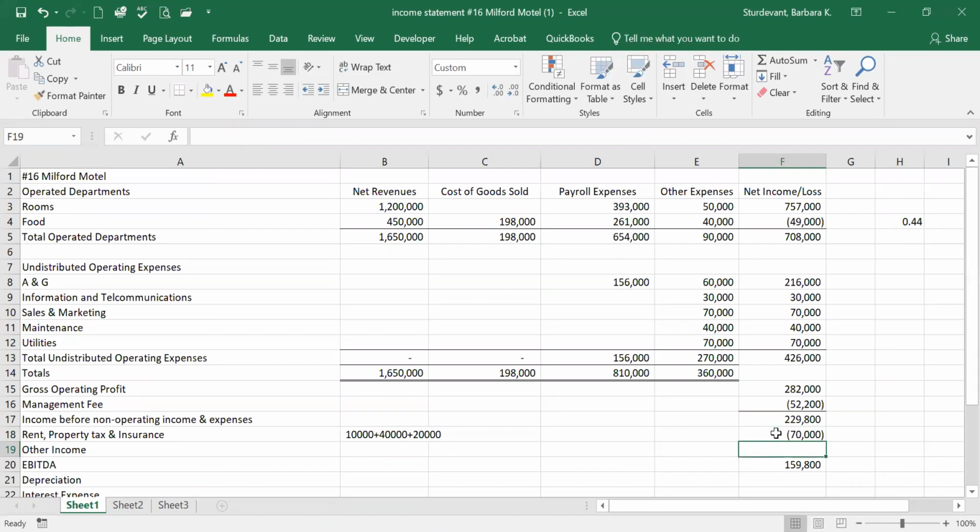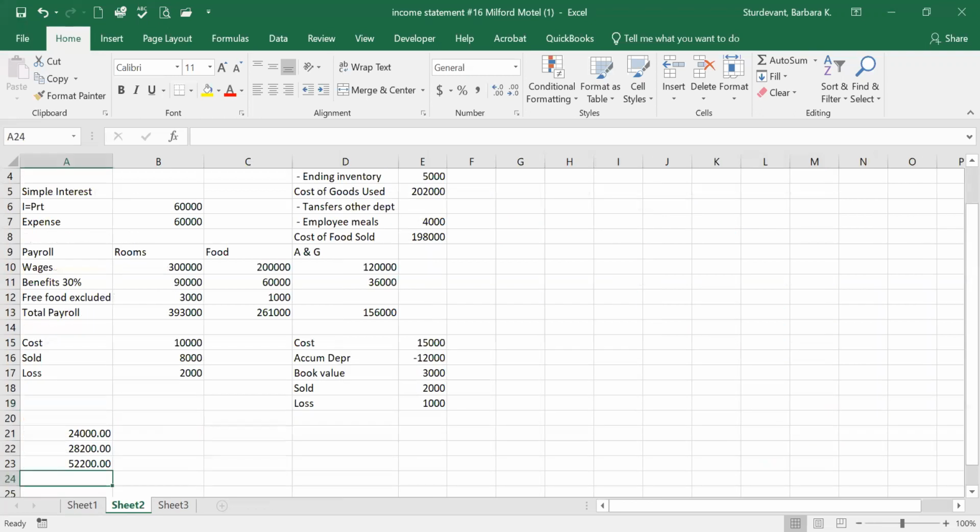Okay, do we have any other income? Did we have anything here? What goes in other income? It had the loss from the stock and the loss from the computer that we calculated before.